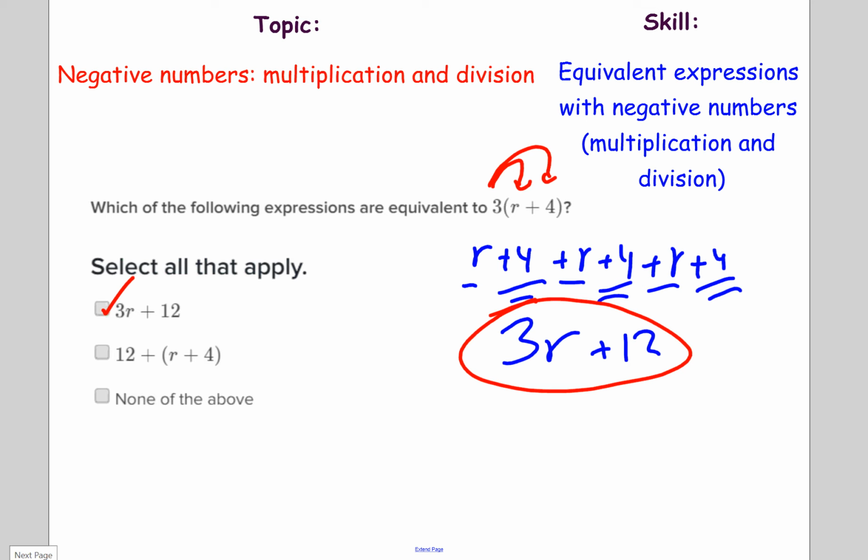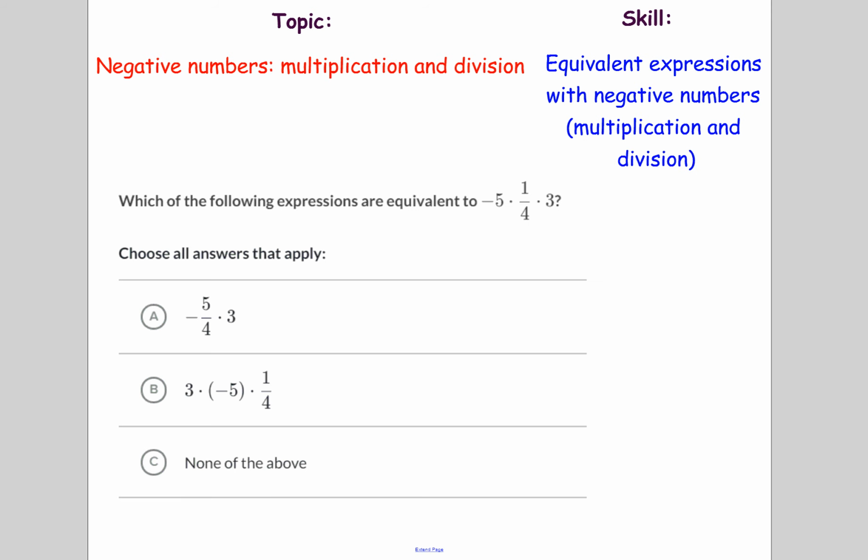I believe there's only one more exercise. Maybe 2. Which of the following expressions are equivalent to negative 5 times 1/4 times 3? Well, let's get the sign out of the way. Negative times a positive is a negative, and that negative times this positive makes a negative final answer. All right. So now let's actually evaluate.